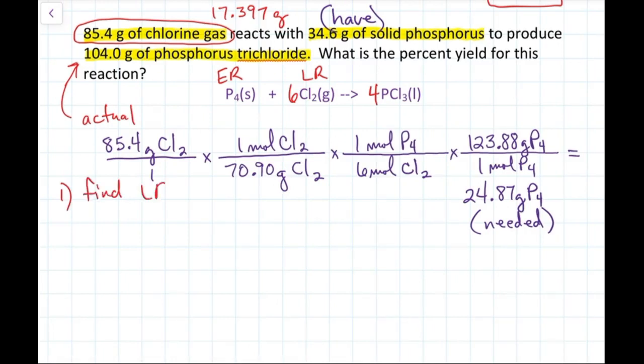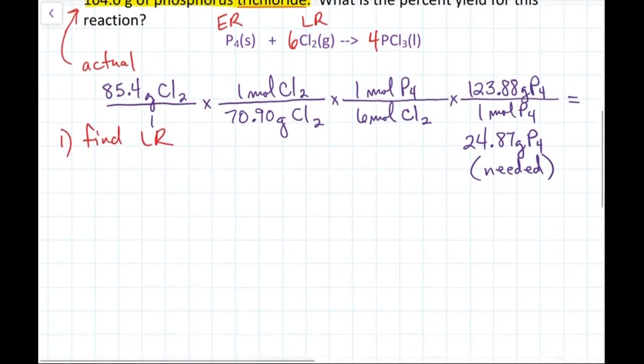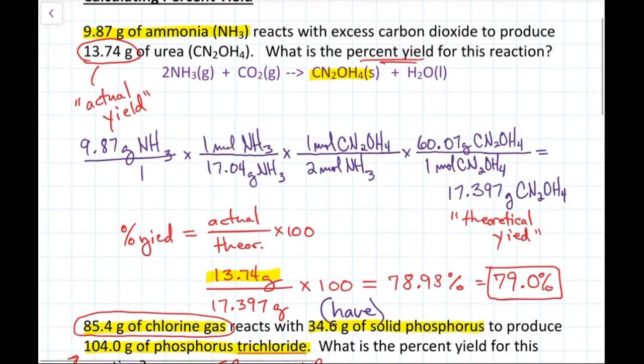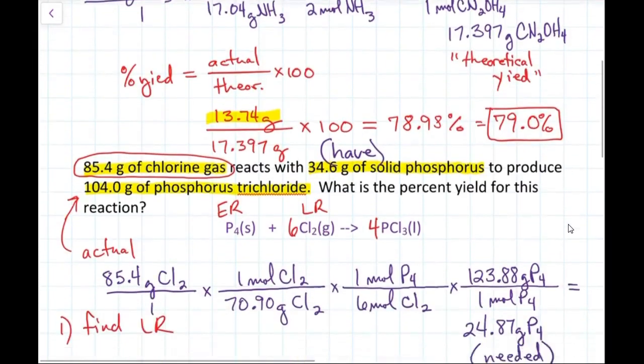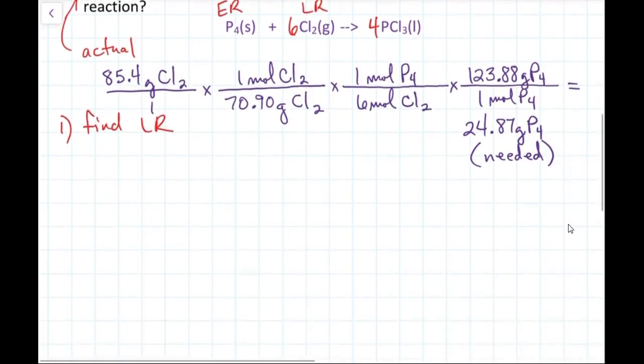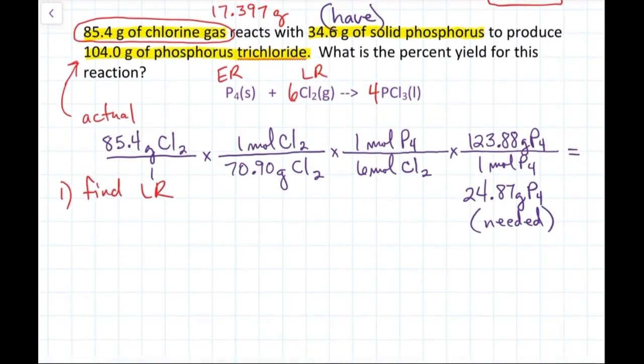Find your limiting reactant, because step 2, and we didn't have to do that step in the previous problem, but we did have to do the next step, which is going to be to find your theoretical yield. But we always base our theoretical yield on the limiting reactant, the one that runs out. Okay, so that's going to be step 2.